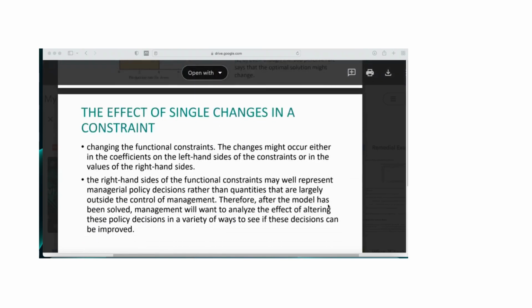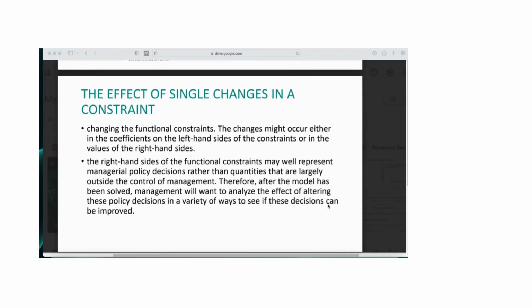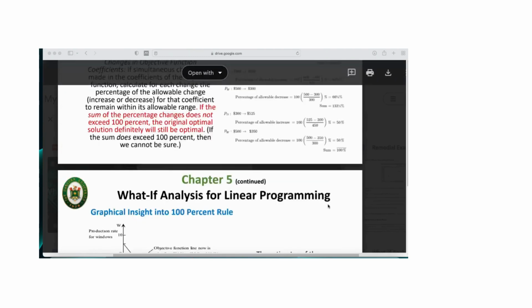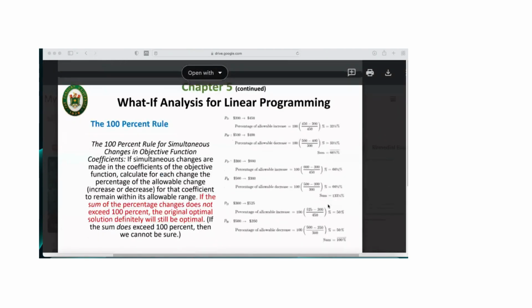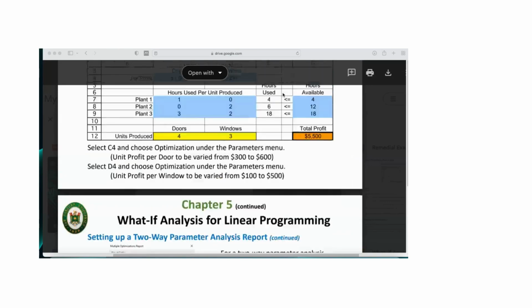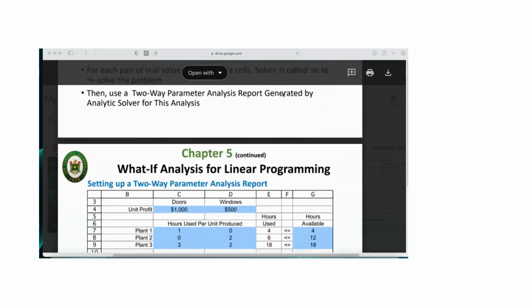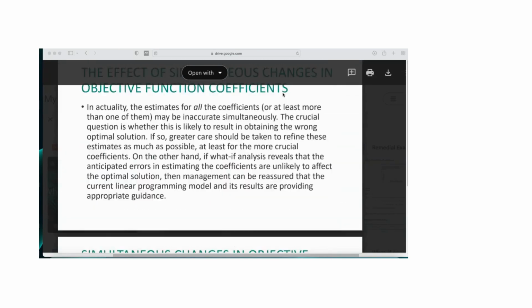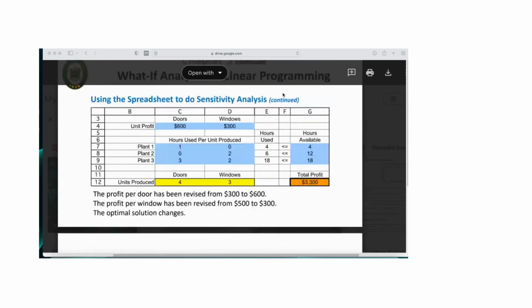Okay, that's how to interpret simultaneous changes in the objective functions. Now, changing two parameters in the objective functions, we applied two kinds of changes. The first is to change only one parameter, then see what happens to the optimal solution.